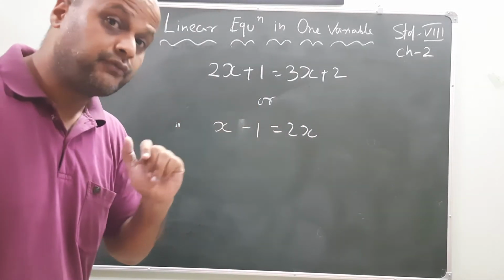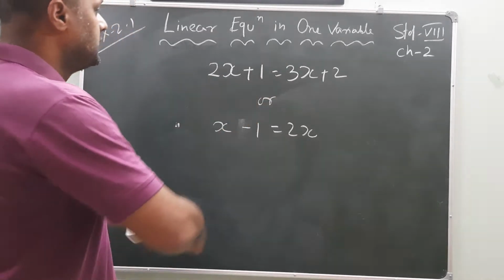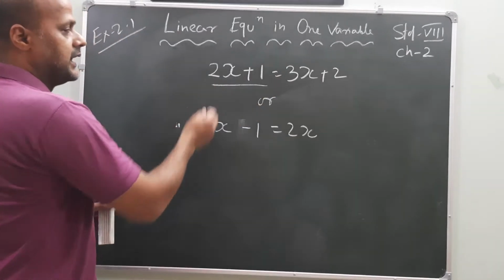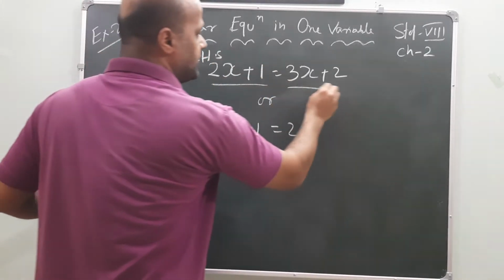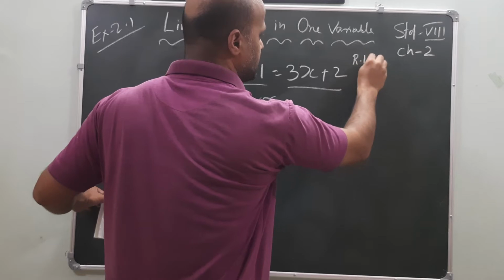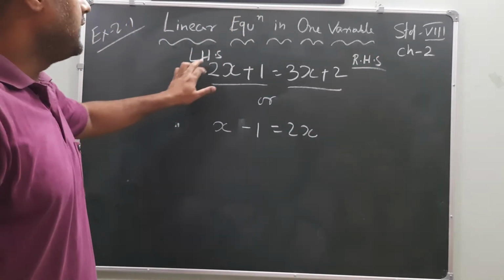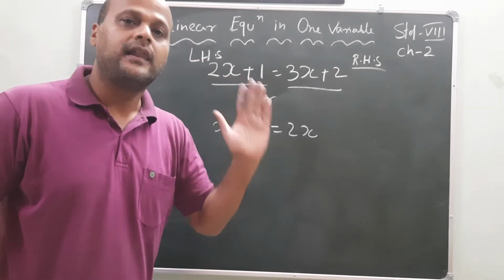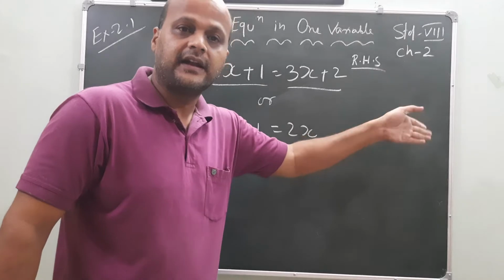But how do they behave with each other? On the equal sign, this side is called LHS and this side is called RHS. Understood, my dear friend? LHS is left hand side and RHS is right hand side.